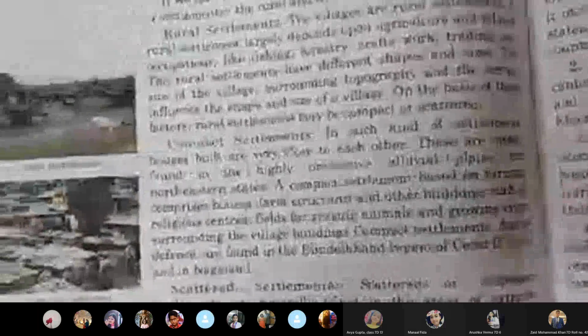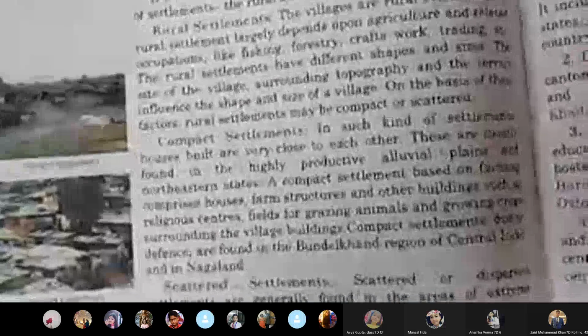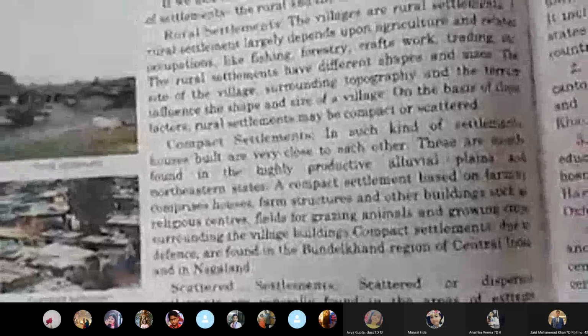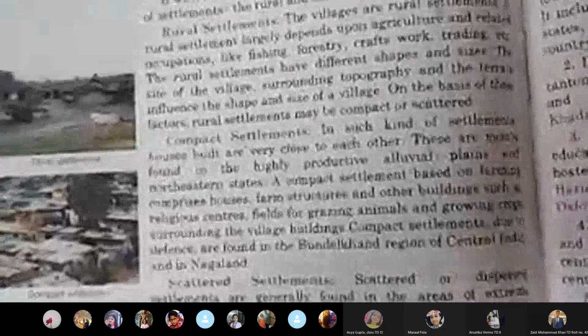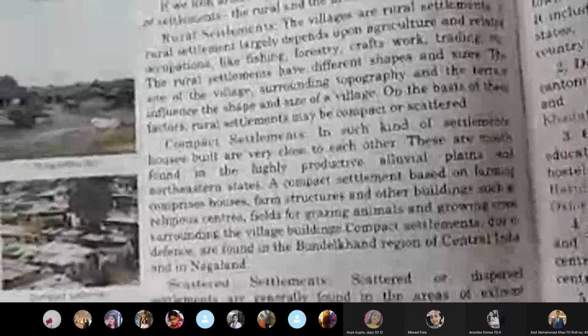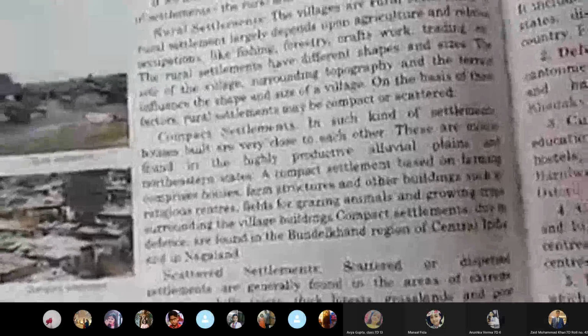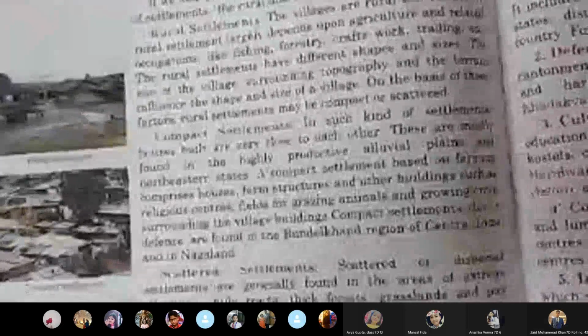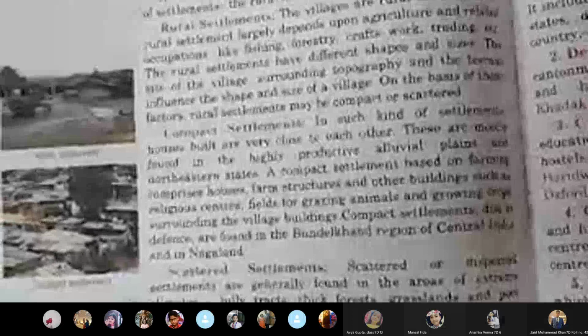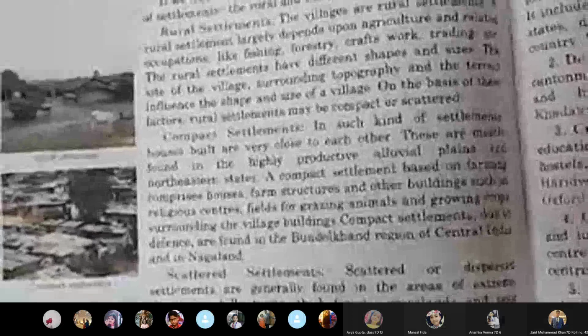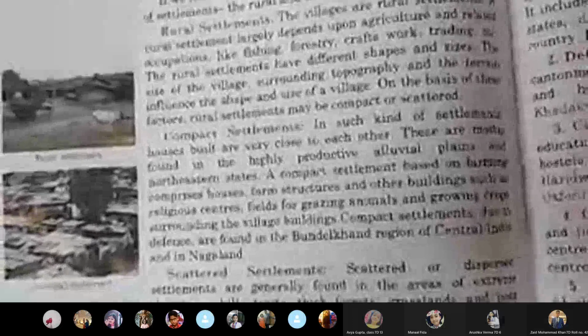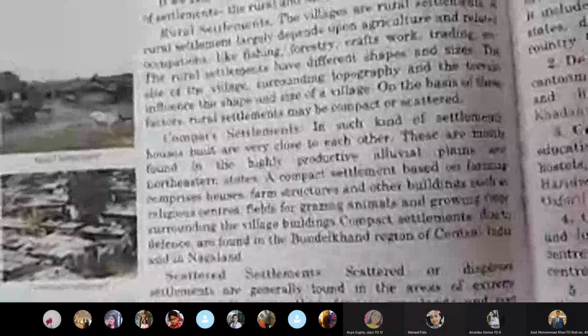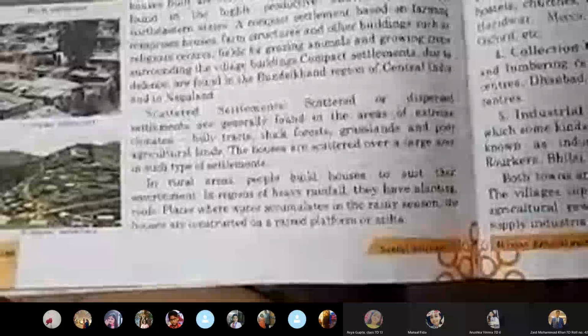Okay, so let us see the compact one. In this kind of settlement, houses are built very close to each other. These are mostly found in the highly productive alluvial plains and northeastern states. A compact settlement based on farming comprises houses, farm structures, and other buildings such as religious centers, and fields for grazing animals and growing crops surrounding the village buildings.